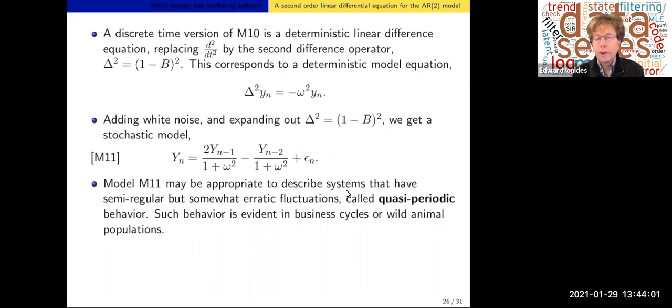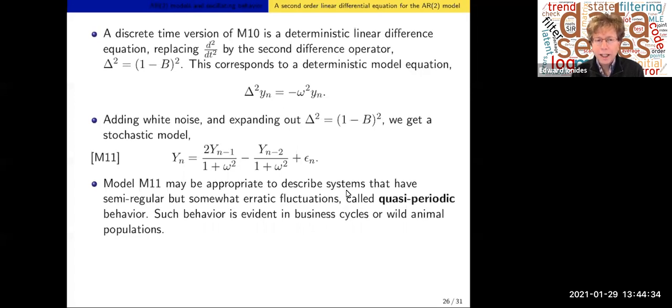So if we take that simple harmonic motion equation and replace it by the second order difference equation, we put delta squared y_n is minus omega squared y_n. Expecting that a difference operator is like a discrete version of a differential operator, the solutions to this are going to be a little bit like the simple harmonic motion that we saw.